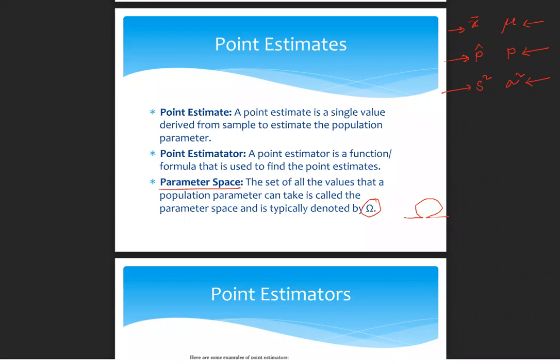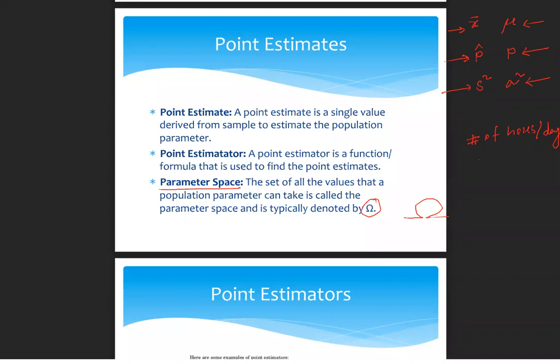So easiest way to get a sense of it is this. Think of the number of hours a student studies at Hartnell College per day. So that's the parameter you're looking for. That means the mu.